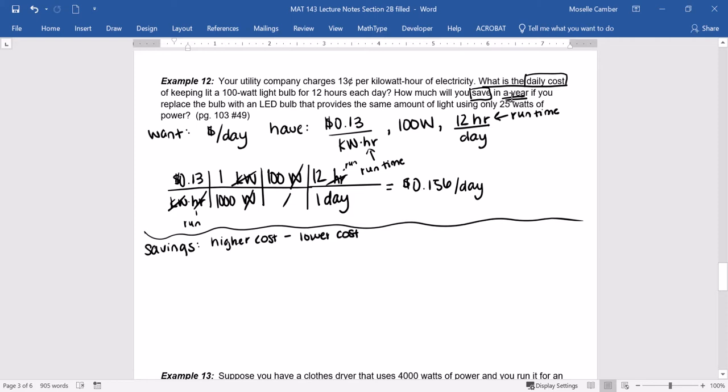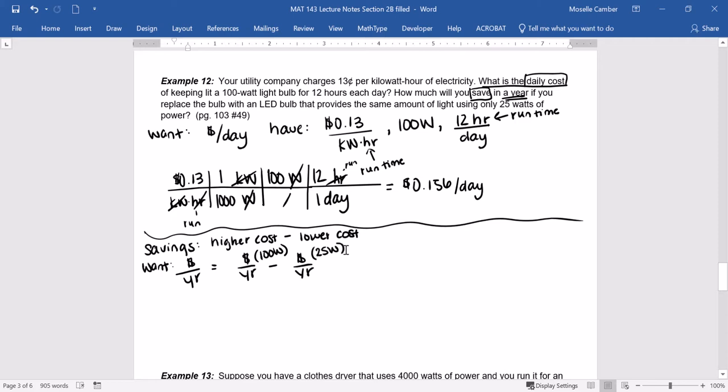So we want a dollar amount per year in savings, and we're going to find that by finding the higher cost per year and subtracting off the lower cost per year. The higher cost, of course, is going to be the one that uses more energy a day, so this 100-watt light bulb. Then we're going to subtract off the one for the 25-watt light bulb.